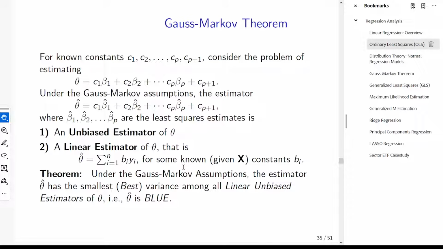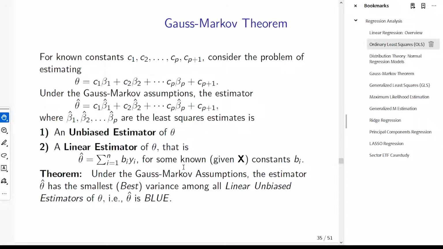And with these Gauss-Markov assumptions, there's a really important theorem in linear models, which is that the least squares estimates of the regression parameters give us the best estimates of any linear combination of the true regression parameters. So if we want to estimate a parameter theta, which is a linear combination of the regression parameters, then if the Gauss-Markov assumptions are satisfied, plugging in the least squares estimates provides an unbiased estimator that is also the unbiased estimator with the smallest variability.